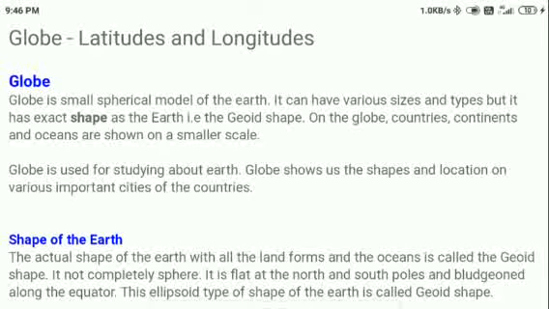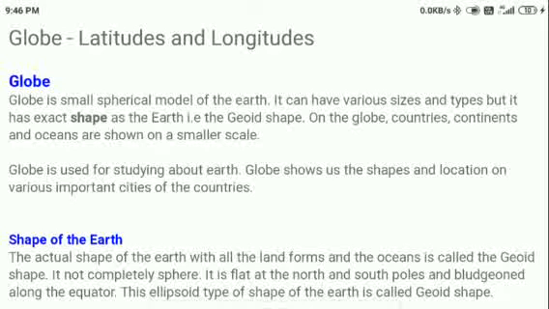So the globe is very useful. It is used for studying about the earth. The globe actually shows us the correct shapes and locations of the important cities, mountains, oceans and all.